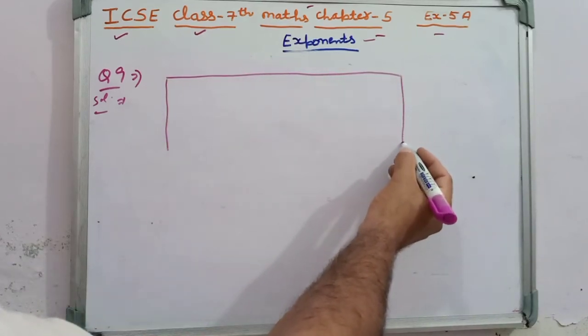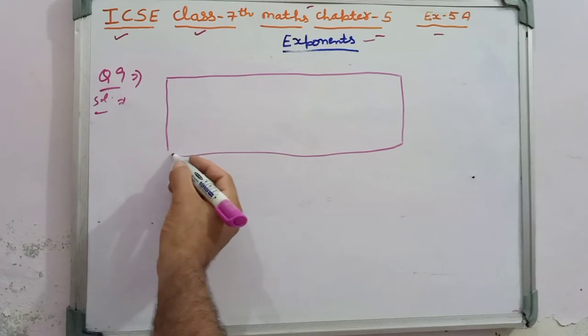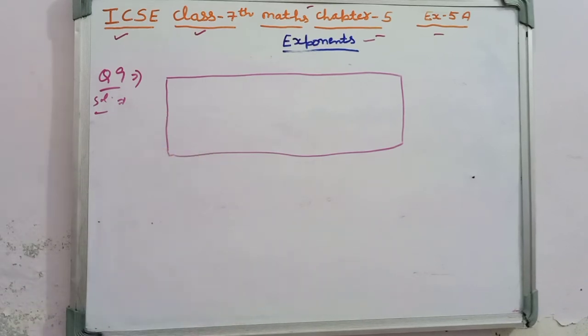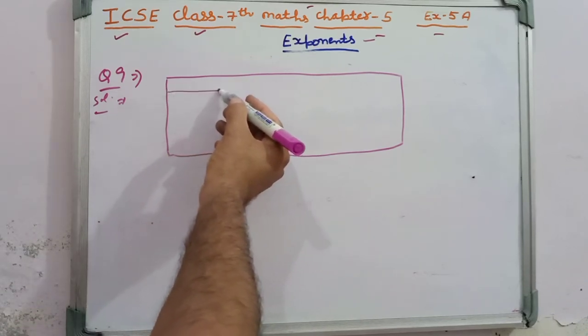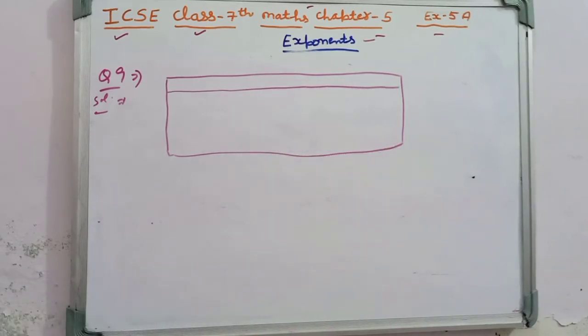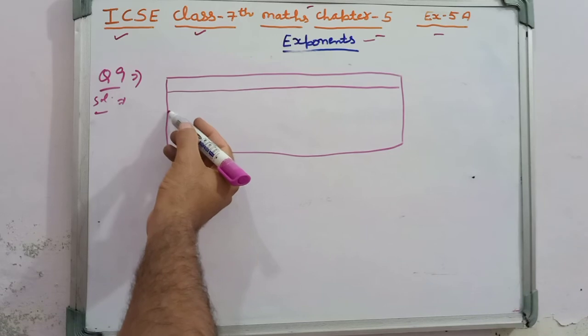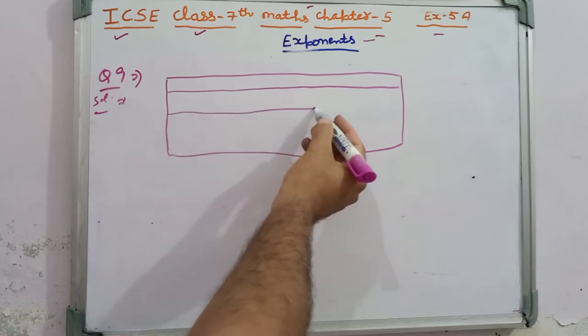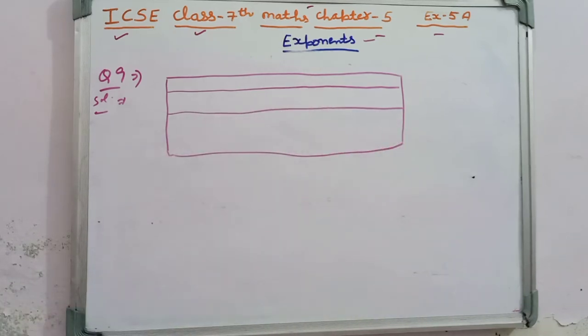To understand it carefully, we will make a chart. Right? So here we will divide it in three parts: 1, 2, and 3. He is saying how many places? 128 places.